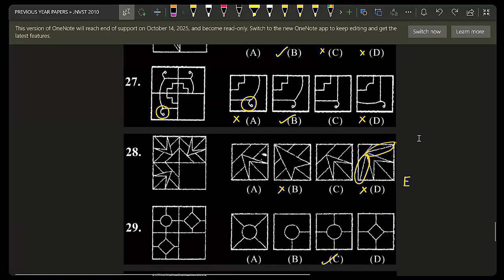Sisira. Sir, in the 28th one, option A, there is a point, no? This is actually a stray mark on the paper. Both are the same actually. Okay, sir. Nishika.